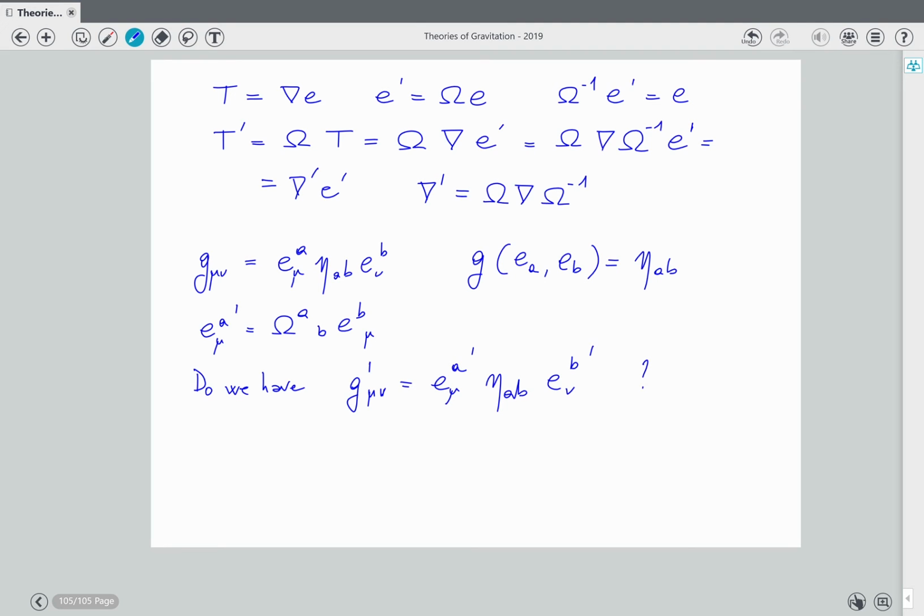But this relation, which we have never used indeed so far, does not survive a generic change of basis. If you want to have that relation after the change of basis, you cannot use a generic linear transformation Omega. You have to use a special linear transformation, which is the one that preserves the metric eta AB, which is a Lorentz transformation.